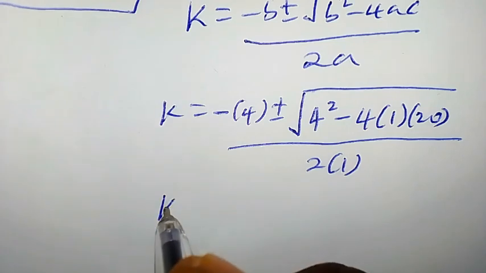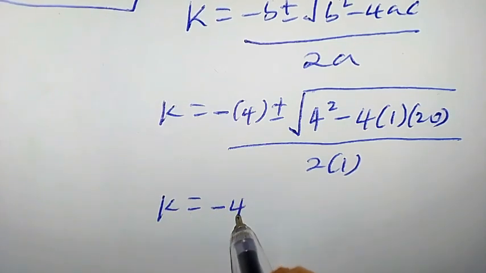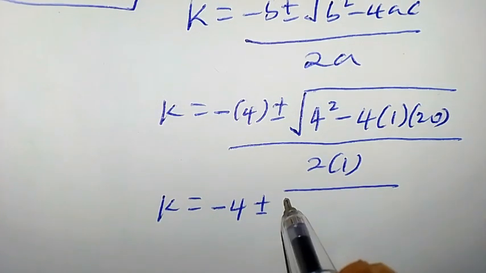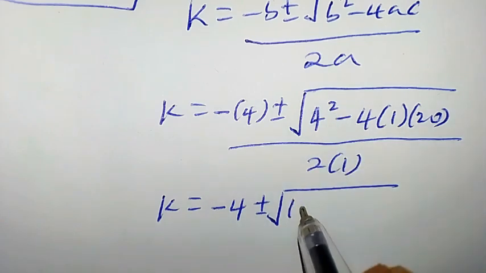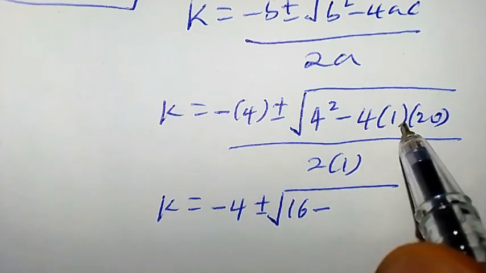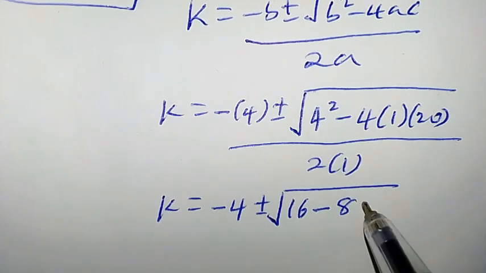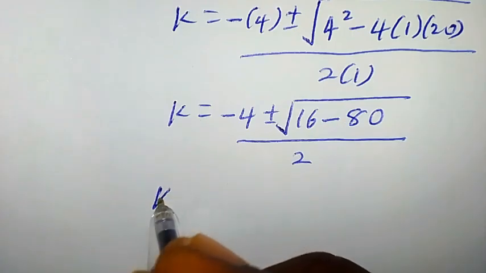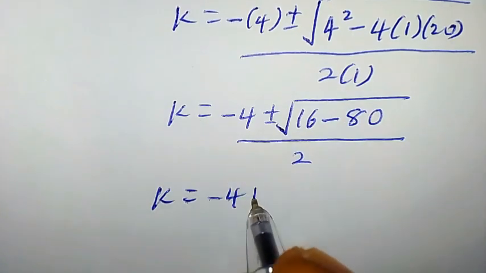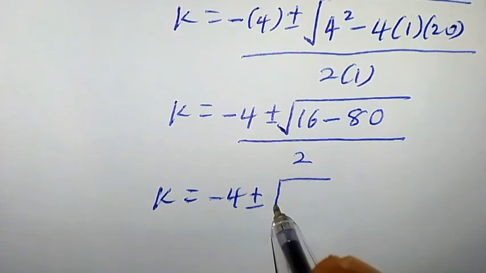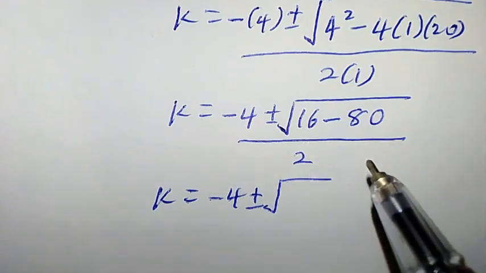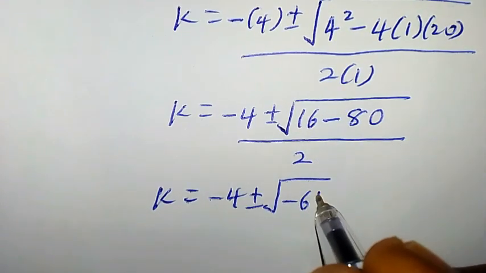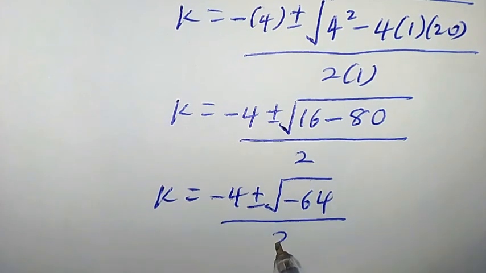So k is equals to minus 4 plus or minus square root of 4 to the power of 2, that is simply 16, minus 4 times 1 times 20, that is 80, over 2 times 1, that is 2. K is equals to negative 4 plus or minus square root of 16 minus 80, that is what? That is negative 64 over 2.